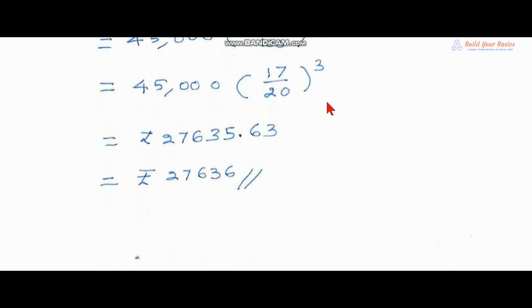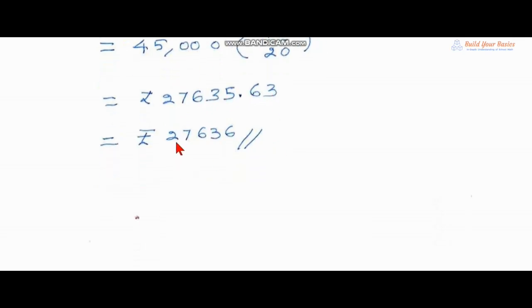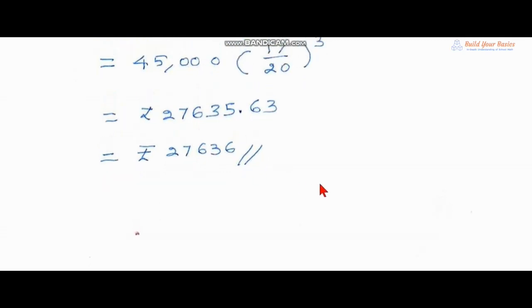Now we can calculate this, getting 27,635 rupees and 63 paise, that is 27,636 approximately. So that is the final answer.